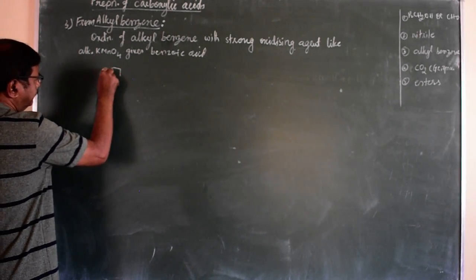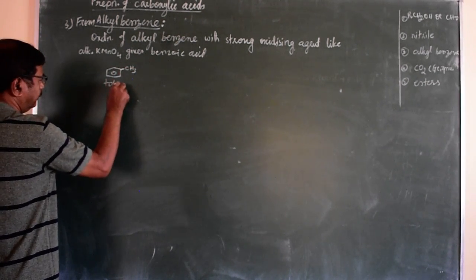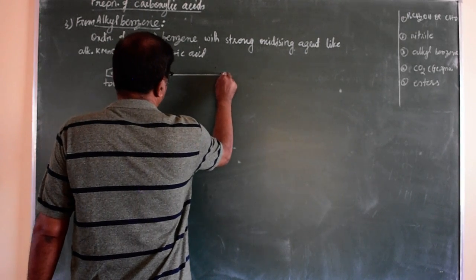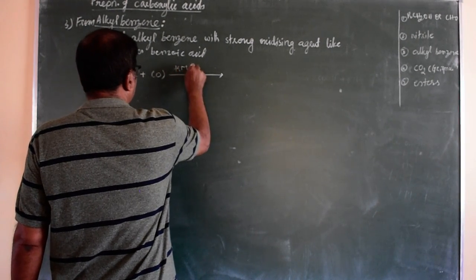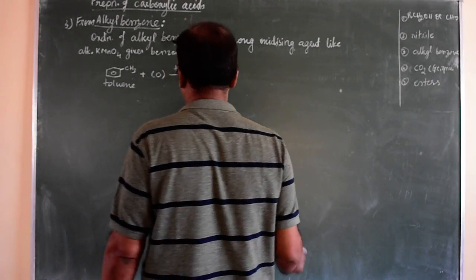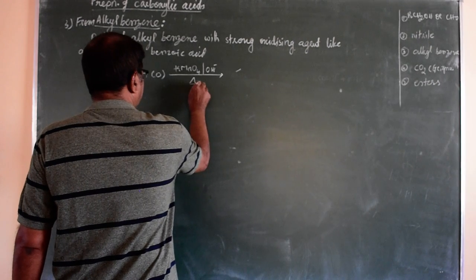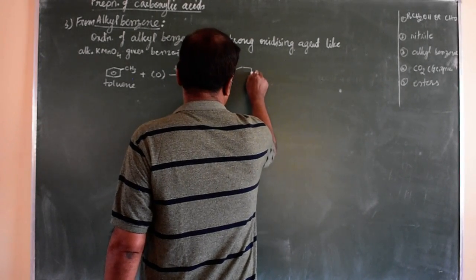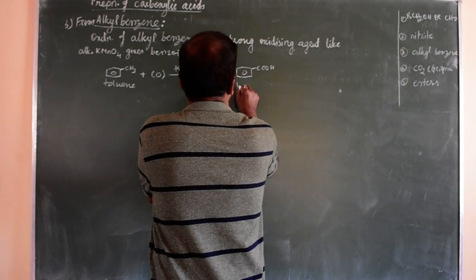So I am writing toluene here, CH3. On oxidation with alkaline KMnO4, meaning KMnO4 is mixed with usually sodium carbonate instead of sodium hydroxide, and refluxed, heated strongly, the product formed is benzoic acid.